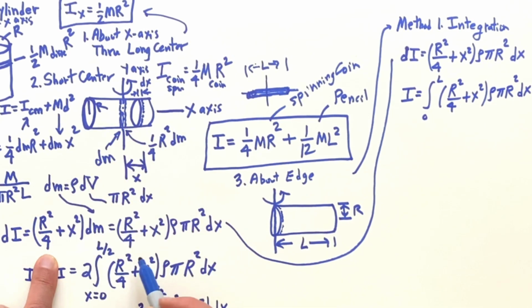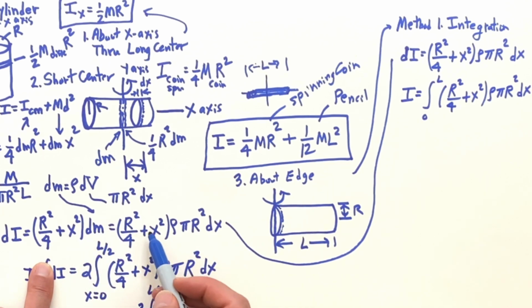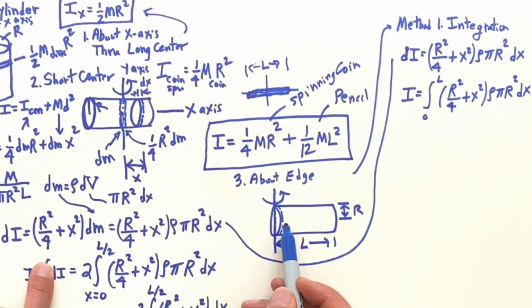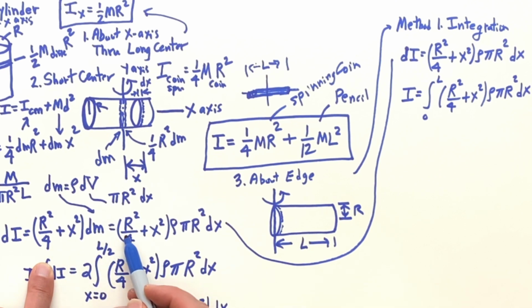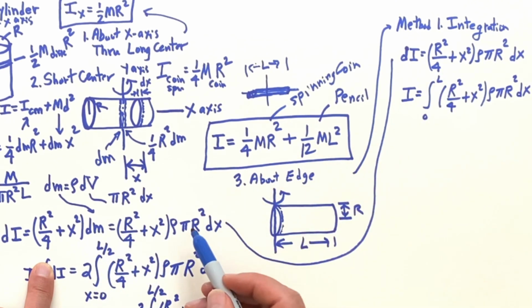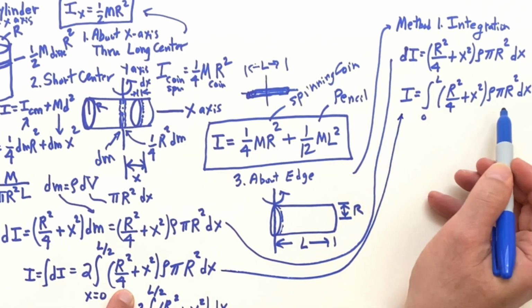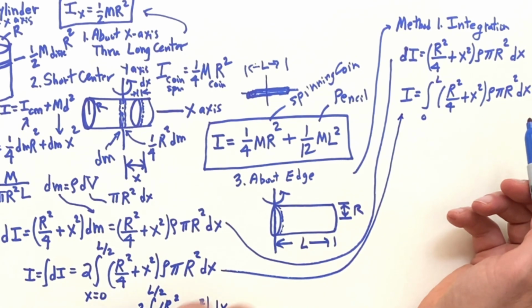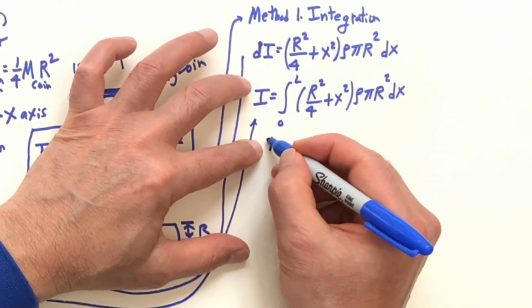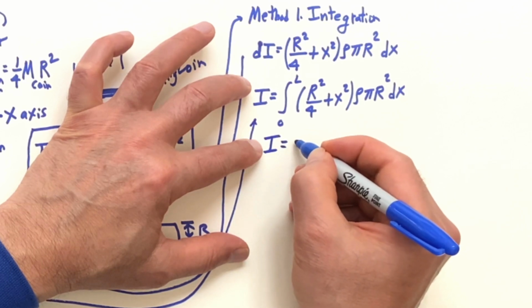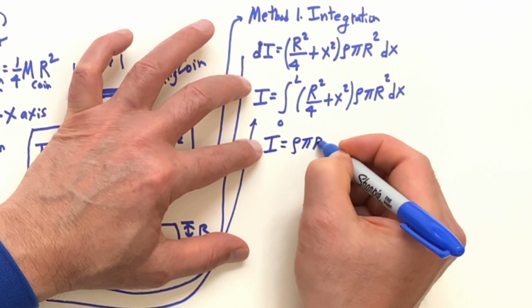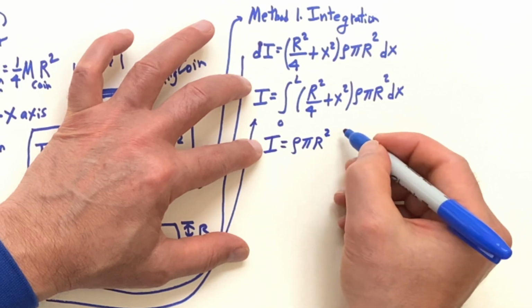So we don't have to redo this again. Everything is the same for this setup and this equation here, which we have copied up here. And this equation here, actually we could have started with this one. We don't need the 2, we go from 0 to L. And this is the same as that one there. Well, this integral is not that hard to do. We already did that. So let's go ahead and bring the rho pi r squared out.